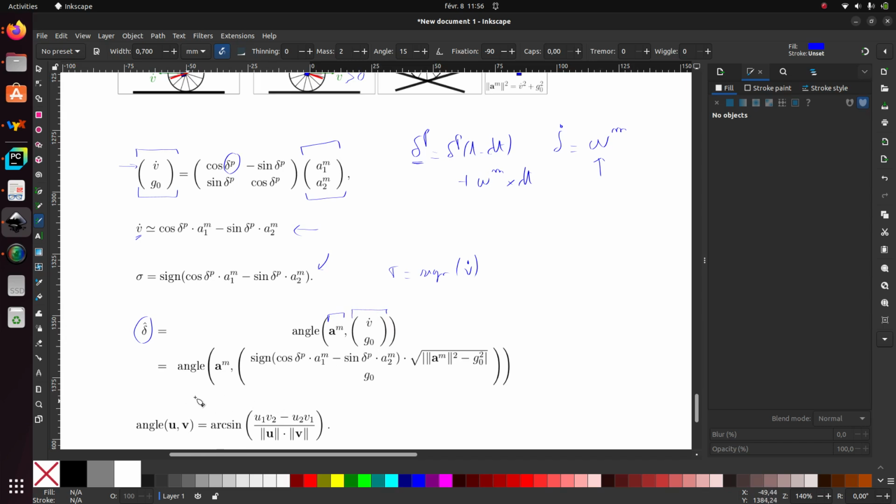I determine this angle like this, taking the sine and the norm I have obtained before. To get this angle, I recall the formula for the angle between two vectors. I have to normalize them and compute the determinant between the two vectors, and it gives me the angle. Okay.